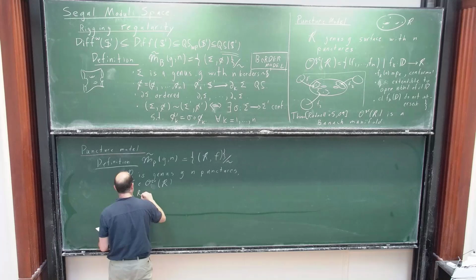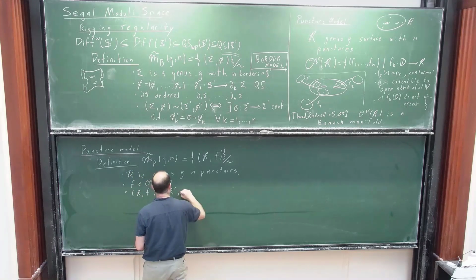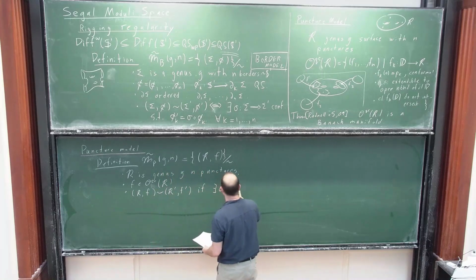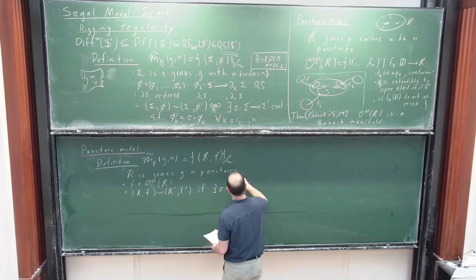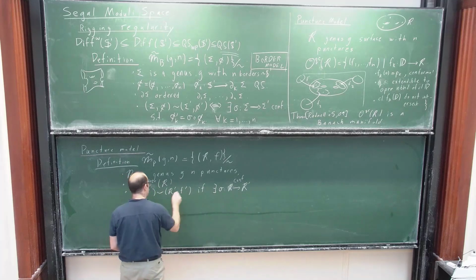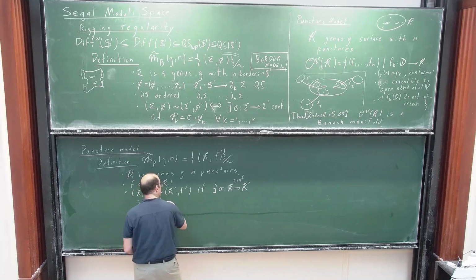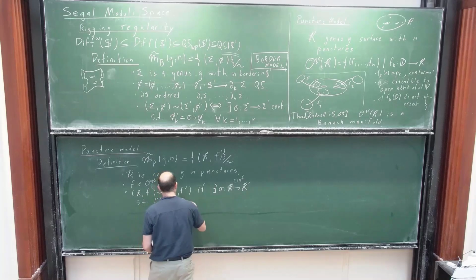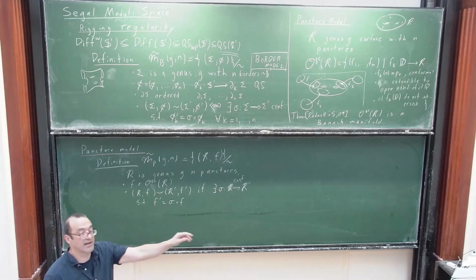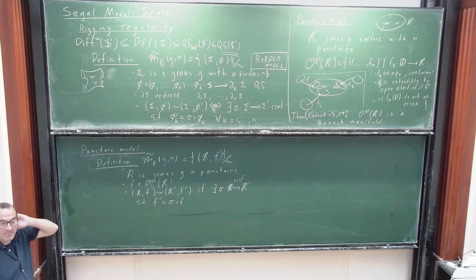You can probably guess at this point. There's just a sigma from R to R prime, which is conformal, which takes one set of extra data to the next set of extra data.